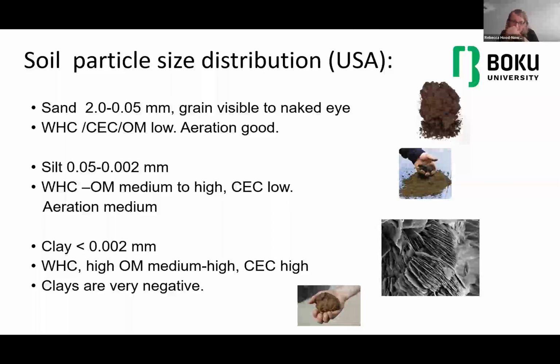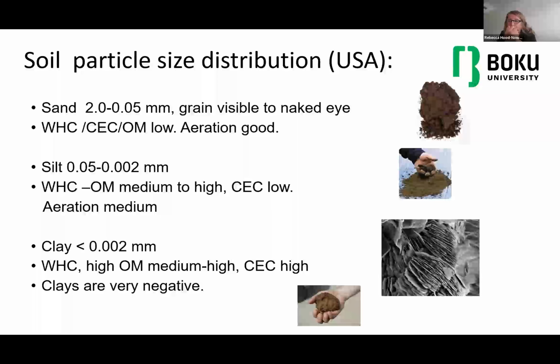It's got a medium to high organic matter content, a fairly low cation exchange capacity, and fairly medium aeration. Sand, on the other hand, has very low cation exchange capacity because it's so big. It has very low surface area.